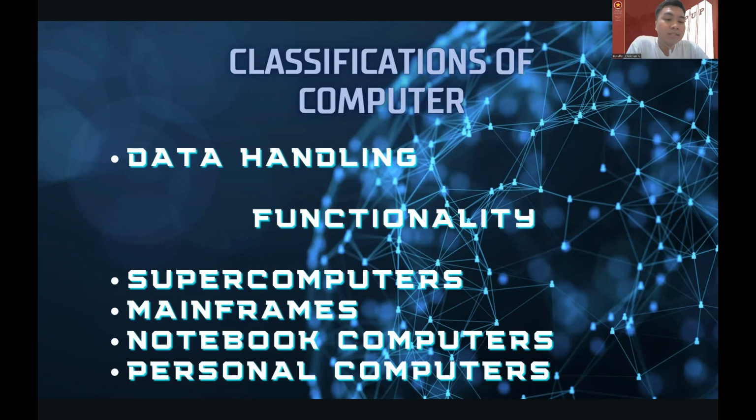Notebook computers, also known as laptops, kung ano yung mga nadadala natin, because they are portable and functional. And popular ayun nga sa mga travelers, na kung saan nabibitbit.